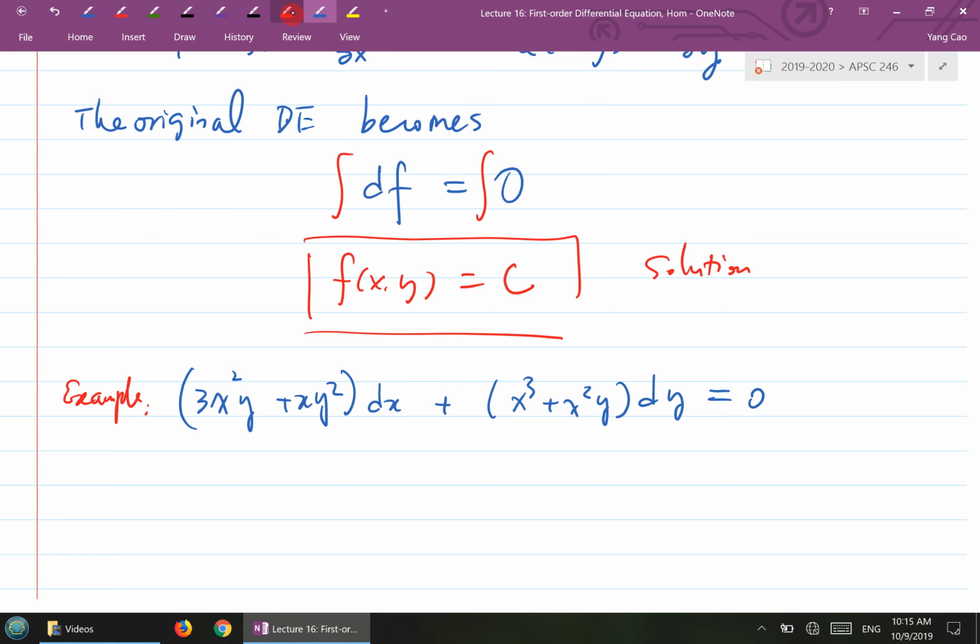And if you do the partial f over partial y, you get this function q.